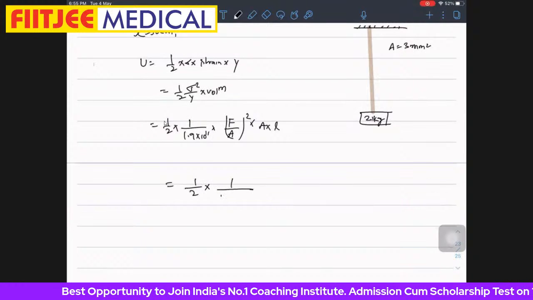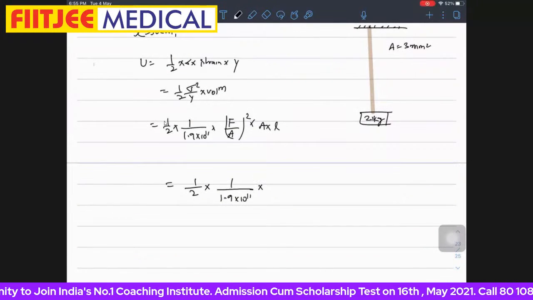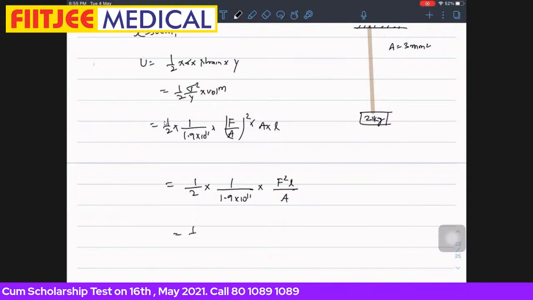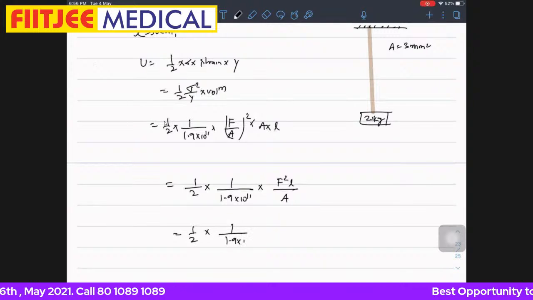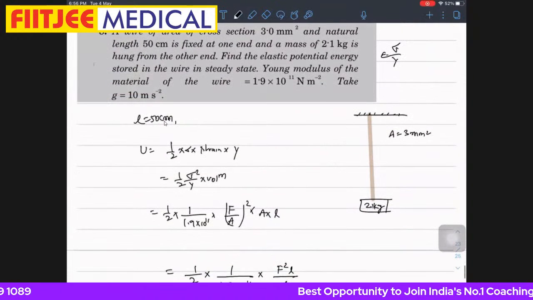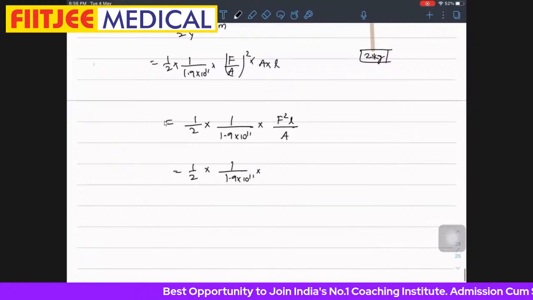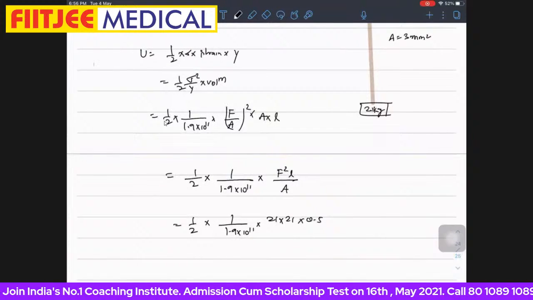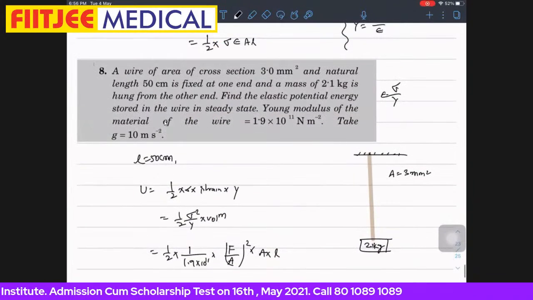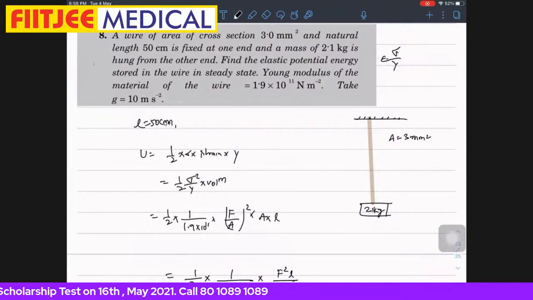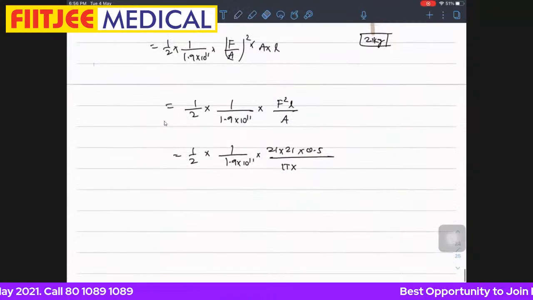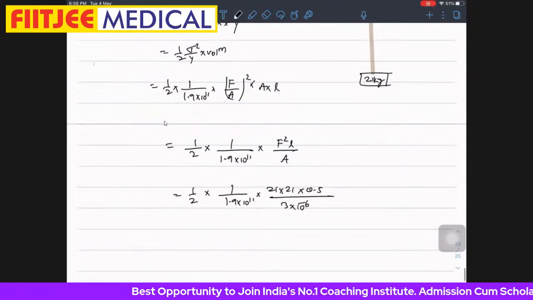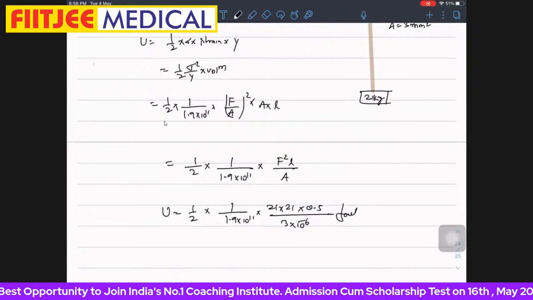So half into 1 by 1.9 into 10 to the power 11, force square into length by area. Force we have how much? It is 2.1 kg, so 21 newton, so 21 into 21. Length we have again 50 centimeter, so 0.5, by area. We have directly the cross section area, 3 mm square, so how much will this come? 3 into 10 to the power minus 6. So this much joule, this will be the energy.